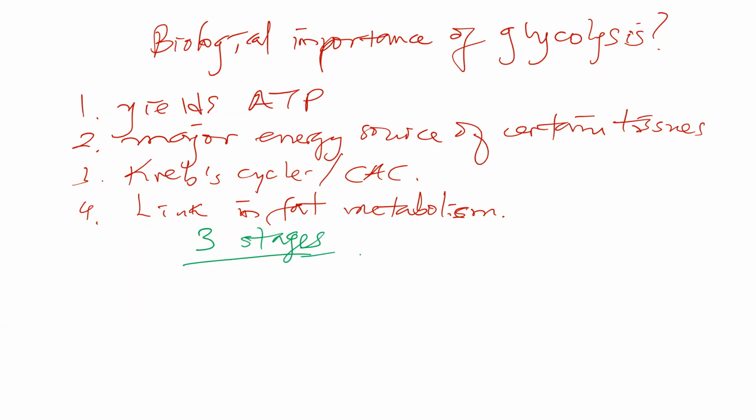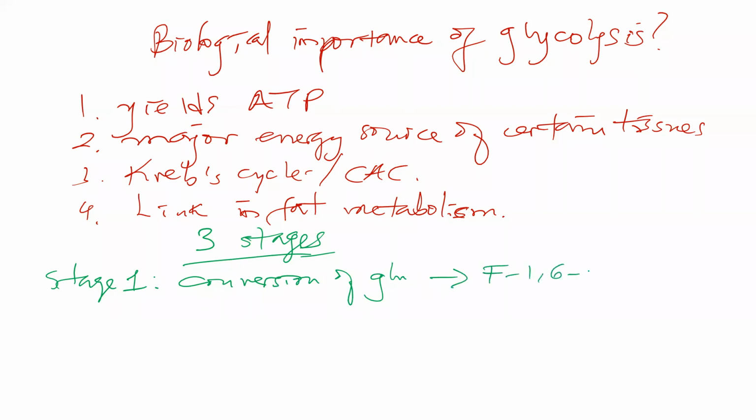So the whole glycolytic process is thought of as being comprised of 3 stages. Stage 1 is the conversion of glucose to fructose 1,6-bisphosphate.